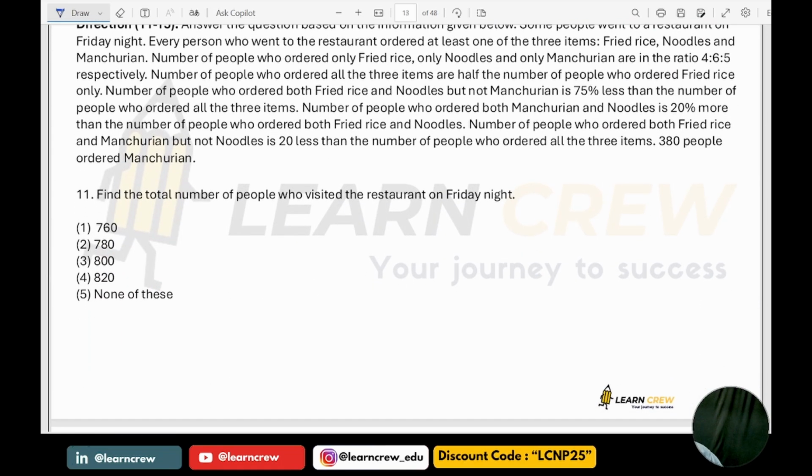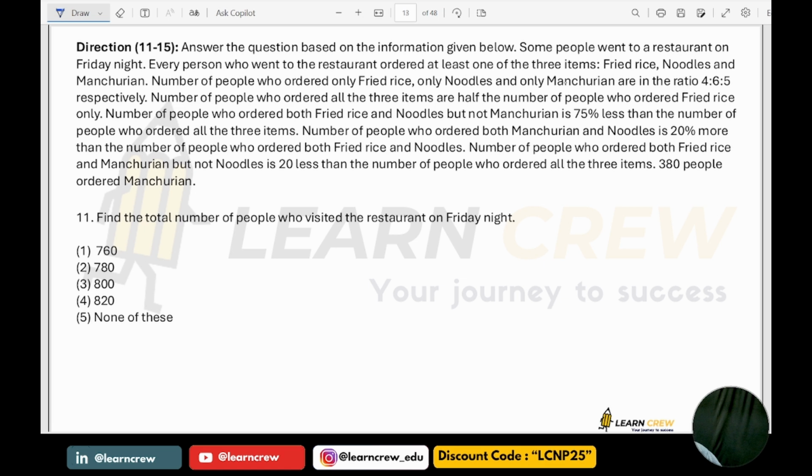Now, a case study is given. Some people went to a restaurant on Friday night. Every person who went to the restaurant ordered at least one of the 3 items: fried rice, noodles and Manchurian. Number of people who ordered only fried rice, only noodles, only Manchurian are in the ratio 4:6:5 respectively.